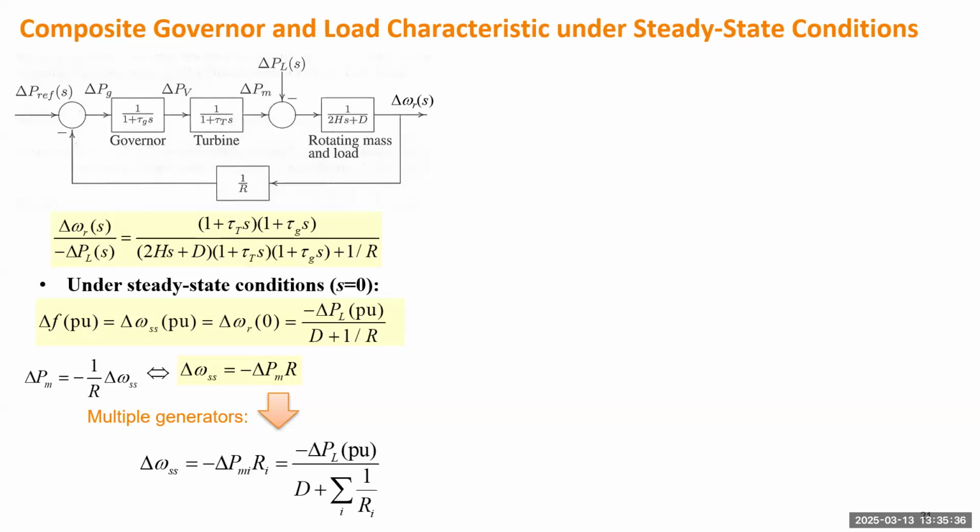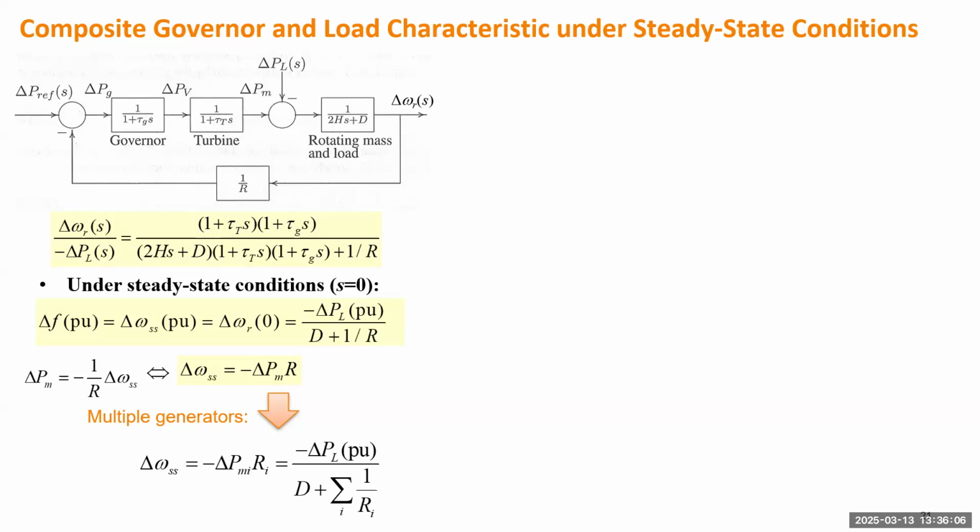The first part will be exactly the same as this equation. That one tells if frequency under steady state condition changed by this value, that will be reflected in the mechanical power change on each generator. How much is changed depends on the R. If I have a bigger R, this delta P will be smaller. If I have smaller R, delta P will be bigger.